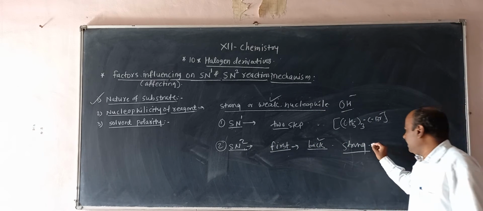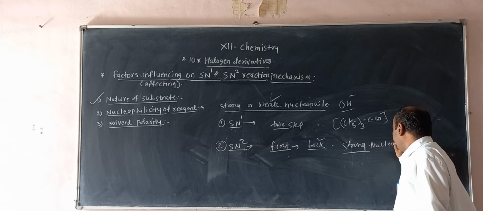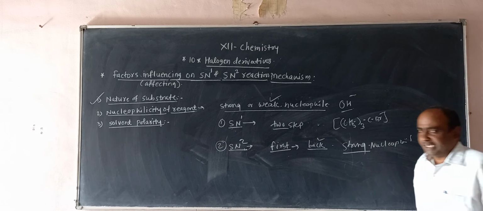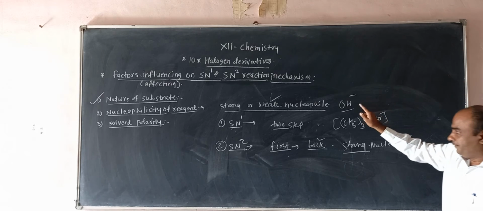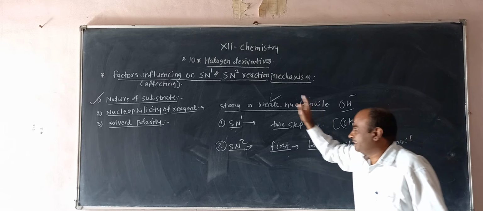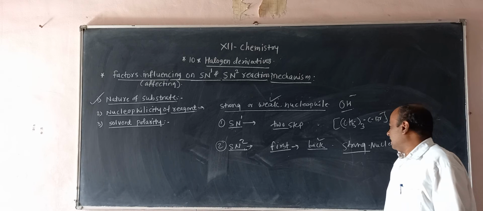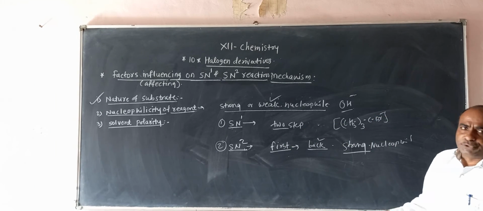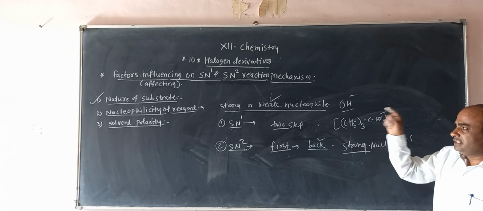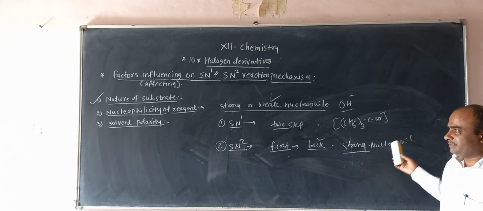In short, what to remember is that weaker nucleophiles are favored by the SN1 reaction and strong nucleophiles are favored by the SN2 reaction mechanism. So this is the second factor, nucleophilicity of the reagent.